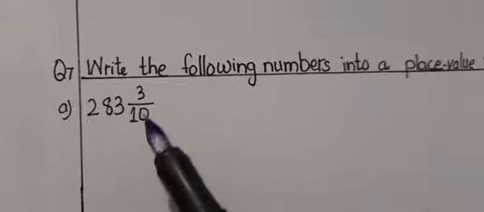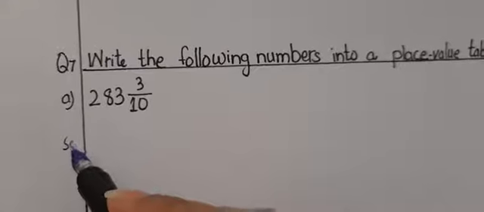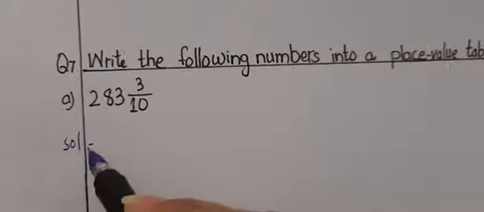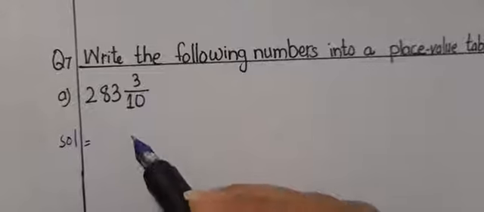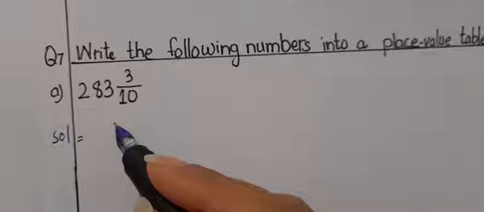It means 3/10. In the solution, first we have to make it a decimal. When we turn it into a decimal, we will know what values the place value chart should have.